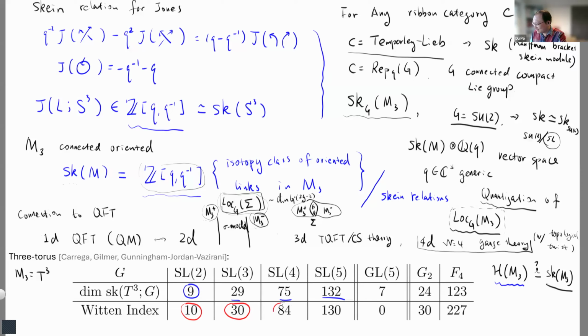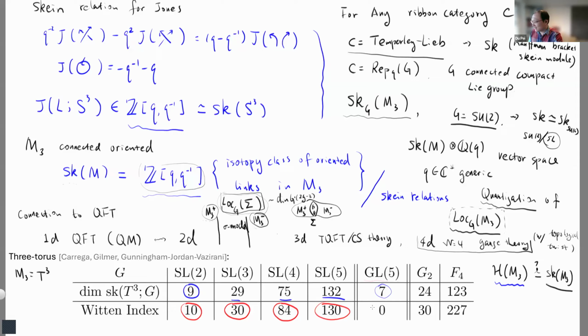But here we see that this is way larger compared to the dimension of the skein module. And this actually becomes smaller. And also, they are qualitatively different for GL_N. For GL_N, the dimension of the skein module is always a positive number.